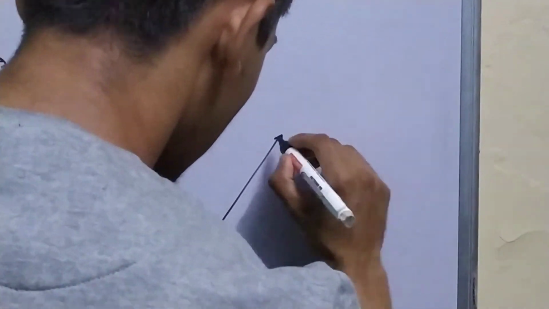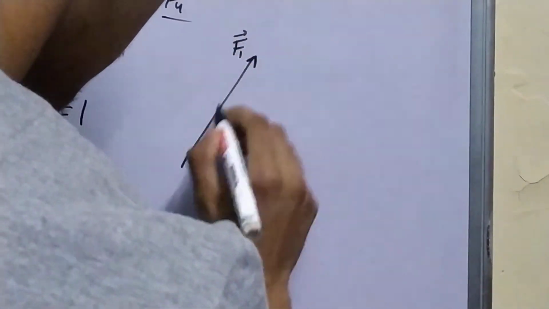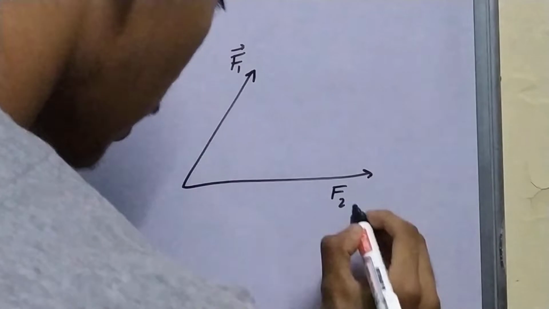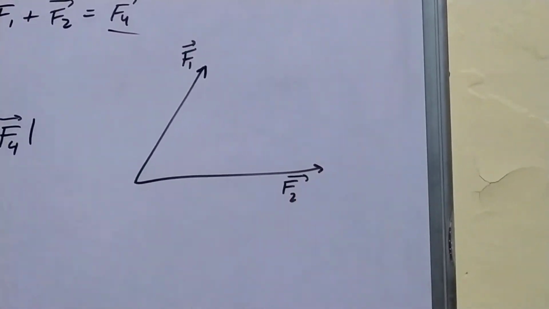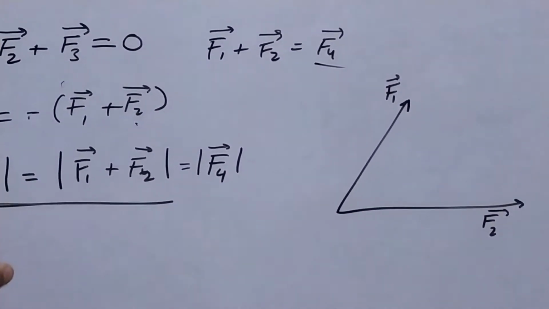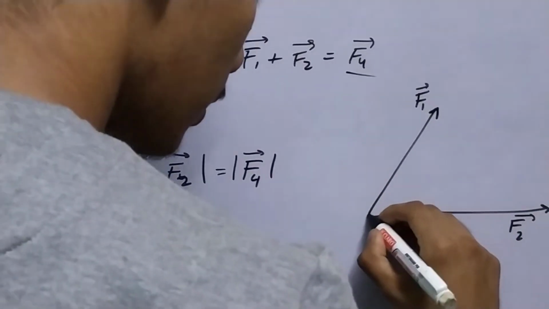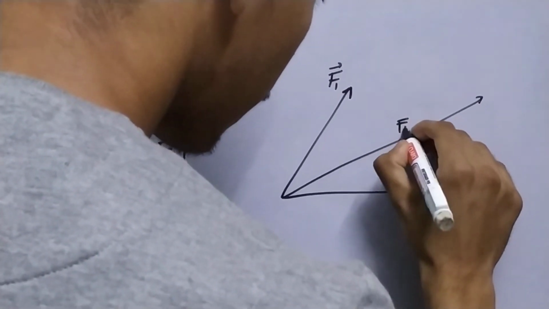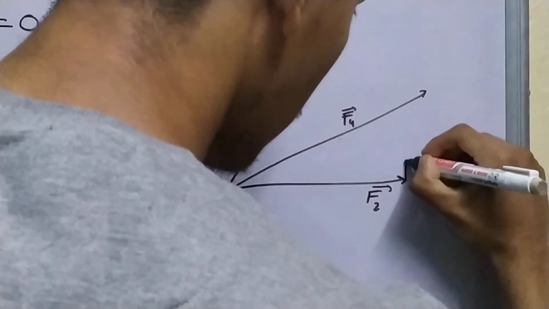I'll just show you how it's done. So let's say this is your F1 vector and you add the F2 vector to this. So F2, and you need F4, which is F1 plus F2, which has a magnitude of F3. So this is how your F4 will look.